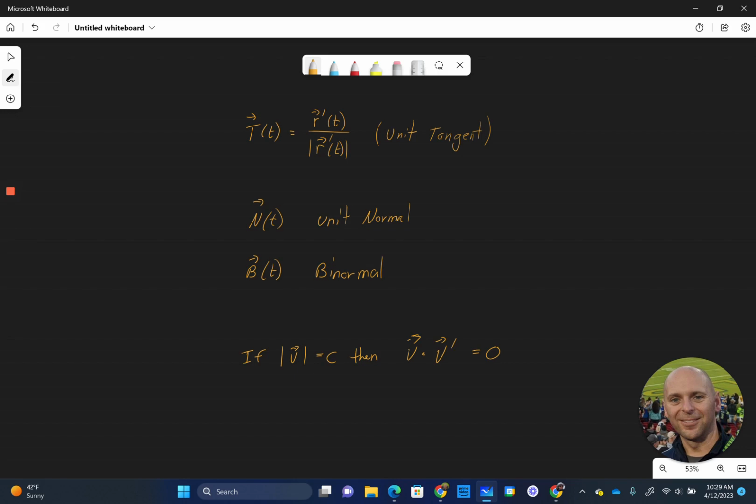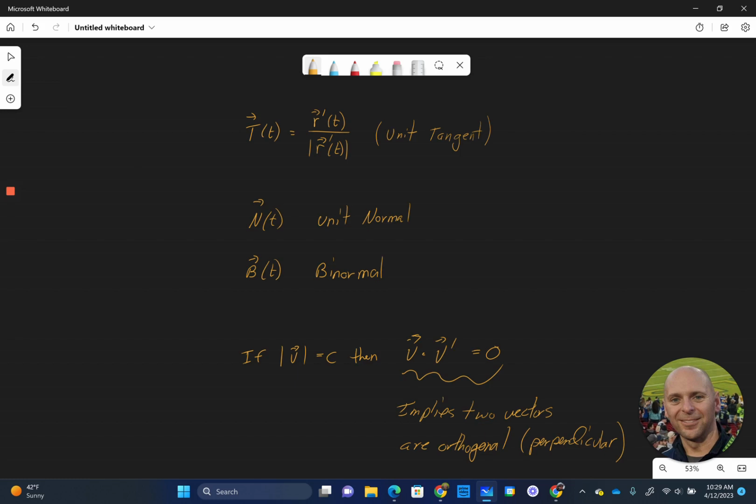We're just sort of going to apply the rule here, particularly noting that the dot product being equal to 0 implies that these two vectors are orthogonal or perpendicular to each other.